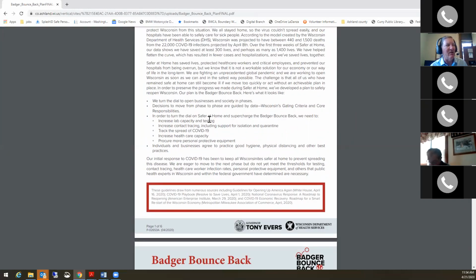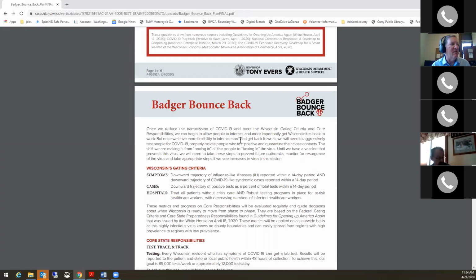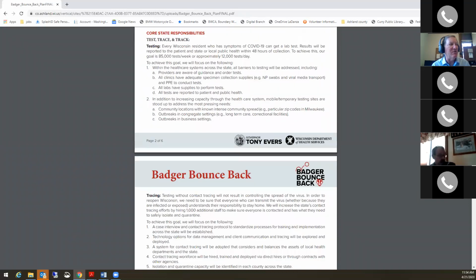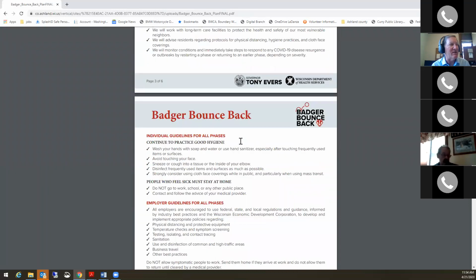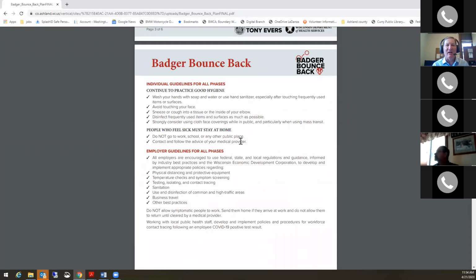And they're pretty much everything you've heard in the news: increased lab capacity and testing, increased contact tracing, trace the spread, increase the health capacity, and more PPEs. These are all things, obviously, which the state and local governments are working on. I will encourage you to read this document. It just came out yesterday. This is the governor's plan.